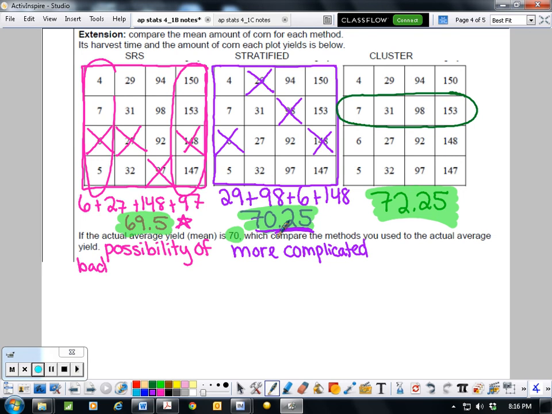So it's taking into consideration these little things, trying to make sure that everything's accounted for, truly representative. This one, it's convenient. It's accurate enough, but not as accurate as you'd want. So if it's a high stakes thing, cluster may not really be the best idea. But if you're just surveying and getting a good idea, it's going to be close enough. Medical stuff, probably not.